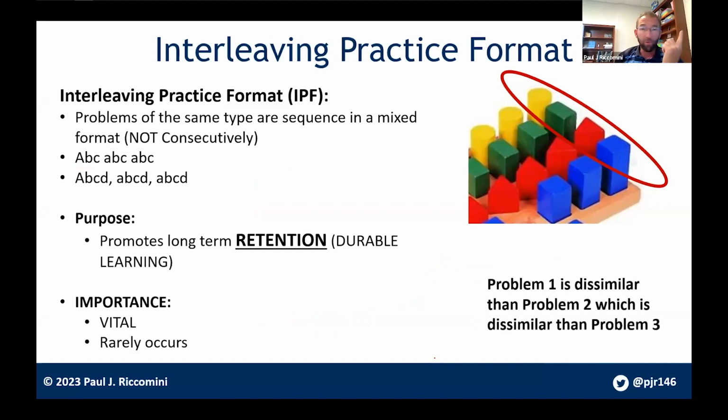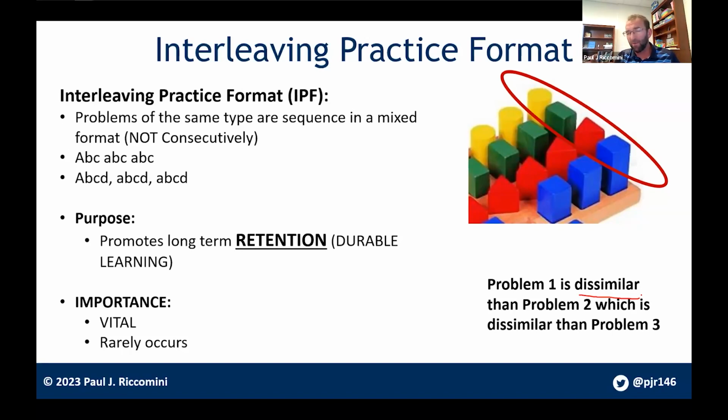So problem one is dissimilar. So I want to bring this up here. Block practice is when it's the same process. Interleaving is when the process to solve a problem is dissimilar. Like that example in order of operations, just because it has a grouping symbol doesn't mean it's a dissimilar process.